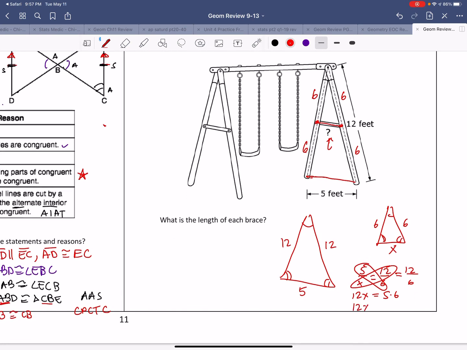So 12x is equal to 30. And when we divide by 12 on both sides, 30 divided by 12 is exactly what I guessed, 2.5, because the baby is half the mom. See how half of 12 is 6? So half of 5 is 2.5. The length of the brace is 2.5 feet. Well done, gang. See you next time.